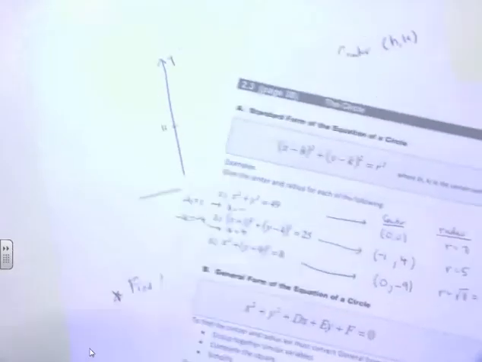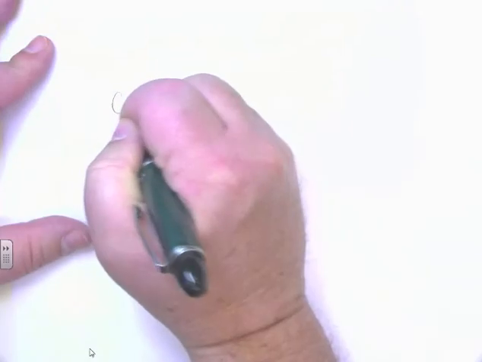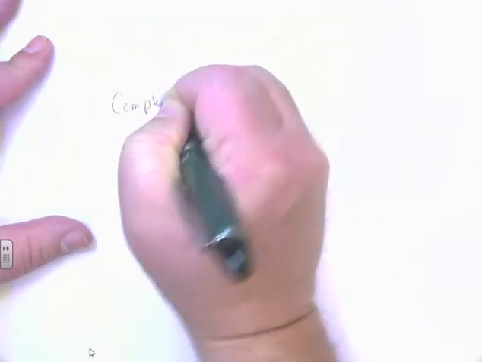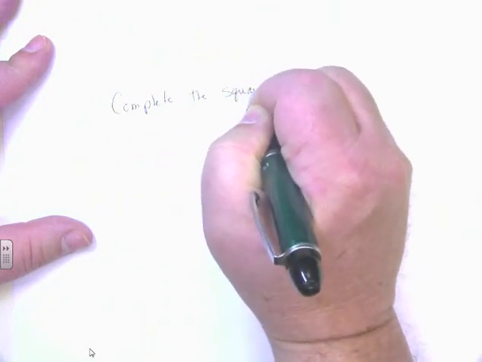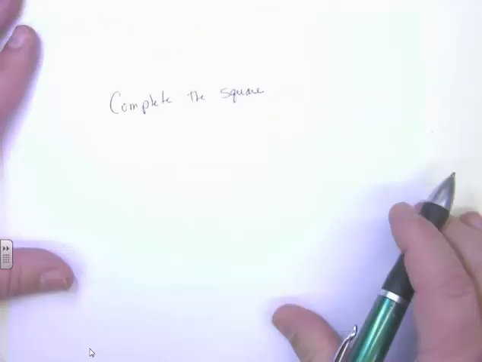And please tell me what you guys remember about these words right here. Complete the square. What's that now? You're close. I know what you're going for. How do you complete the square? So first off, let's just remind ourselves.